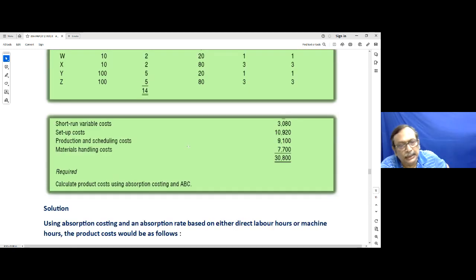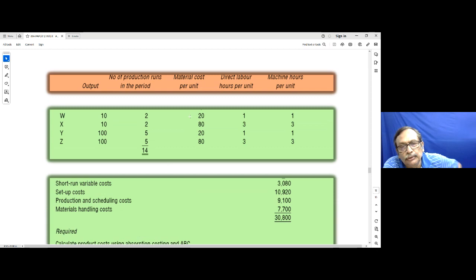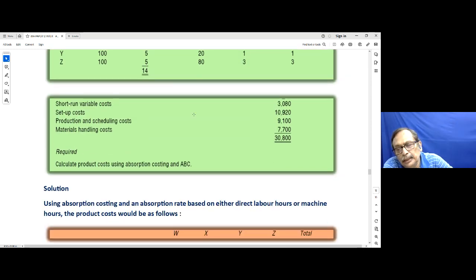Just allow me 2 minutes, then I am going through the solution and I will make you understand each and every part of the solution so that conceptually you understand how to solve activity-based costing problems. Remember, solving activity-based costing problems is not difficult once you have the concepts, but it is time consuming.